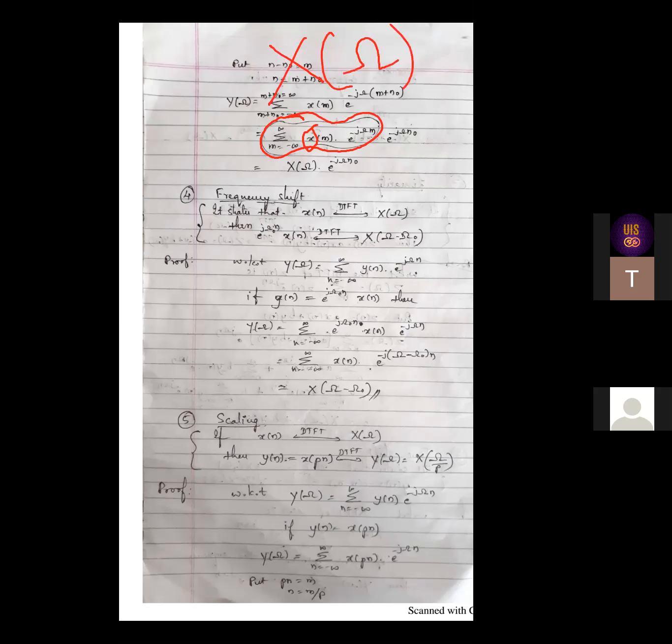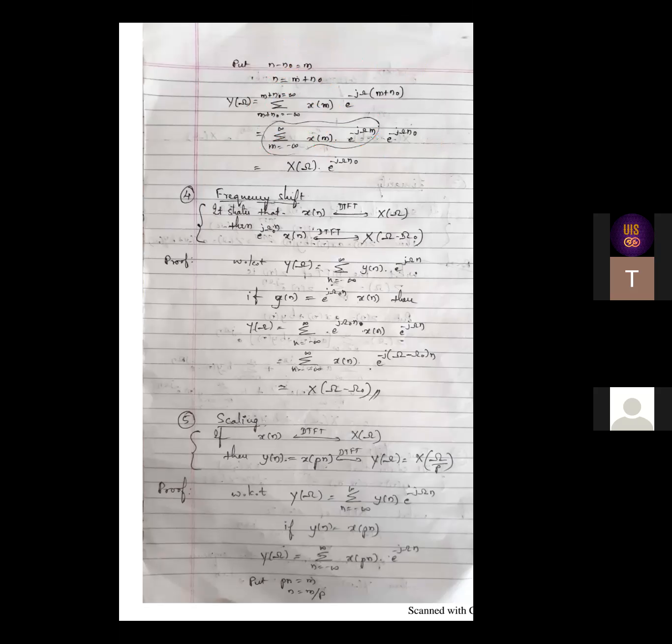No doubt some variable is m, no doubt that indicates time. So any notation we can use. So this encircled term is your Fourier transform. It is getting multiplied by some exponential factor. So this is about the time shift property of Fourier transform.